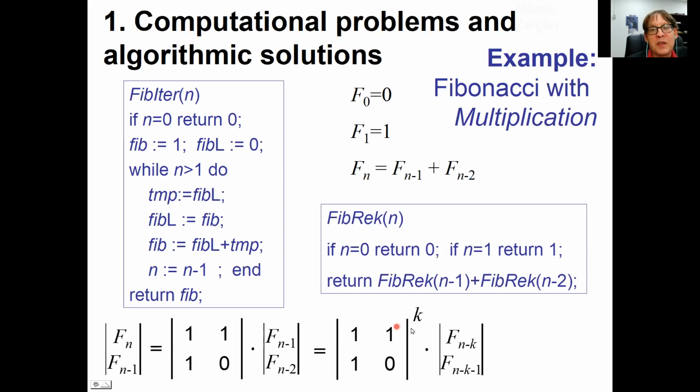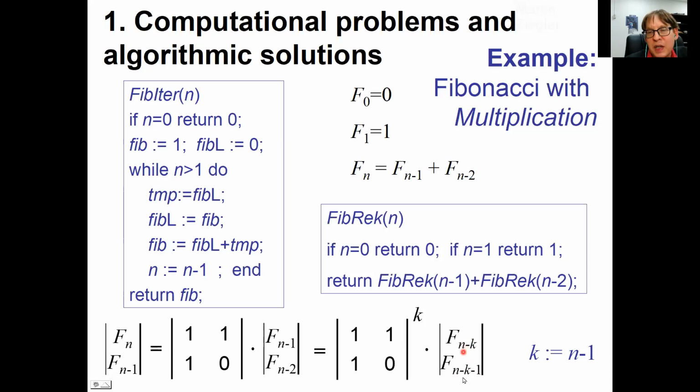So this holds true for every k, and we're going to apply that to the case where k is equal to n minus 1. Why? Because then indeed here there's F1 and here's F0. These are the quantities we know. These are the quantities that define the Fibonacci numbers. For other cases, these are not known quantities.